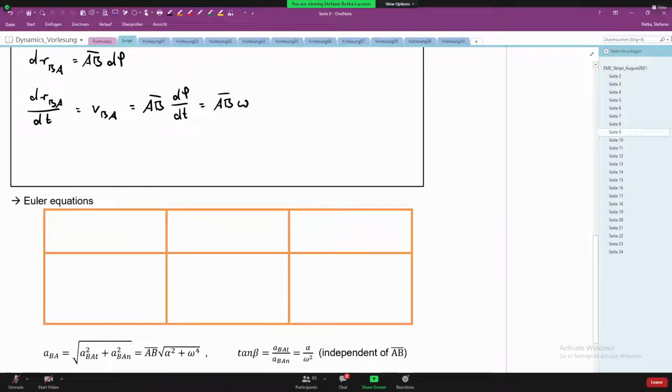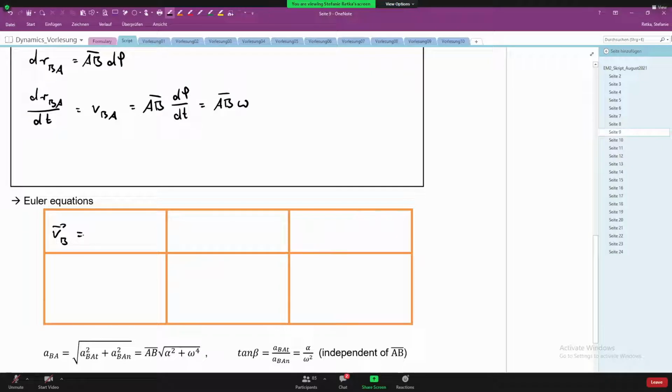Okay, now let's state the important equations, the equations we need to solve the problems later on. So the first one, for the velocity in general: we pick two points on the same object.